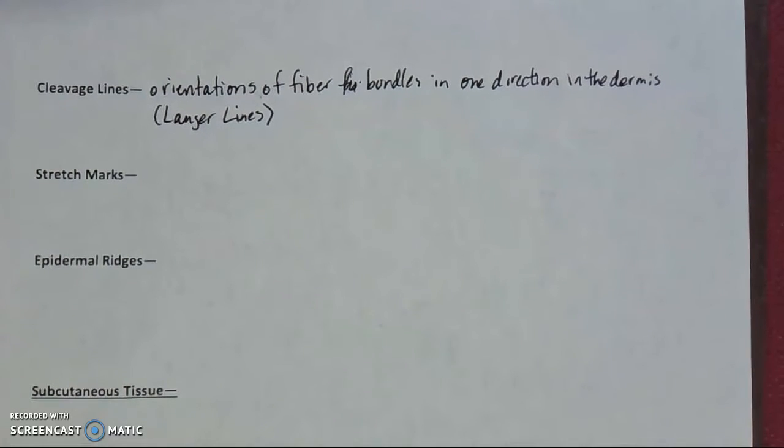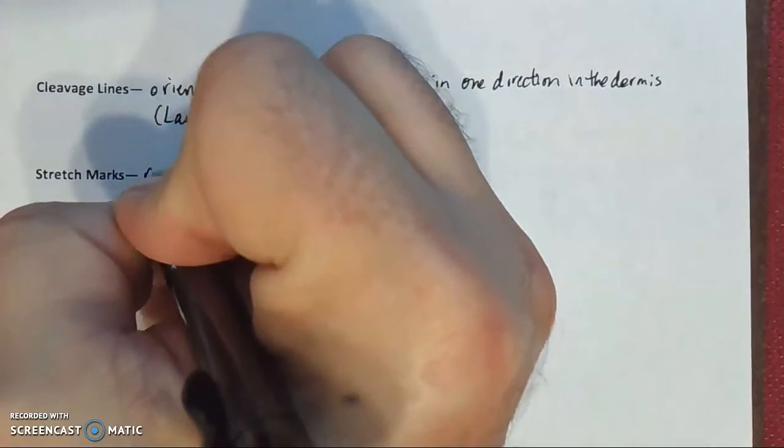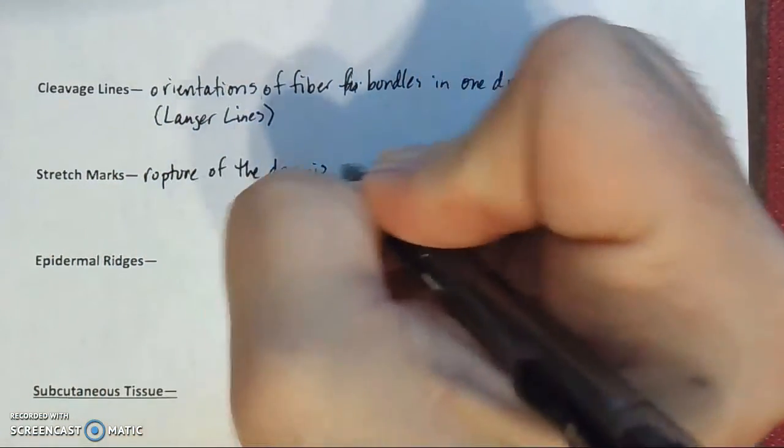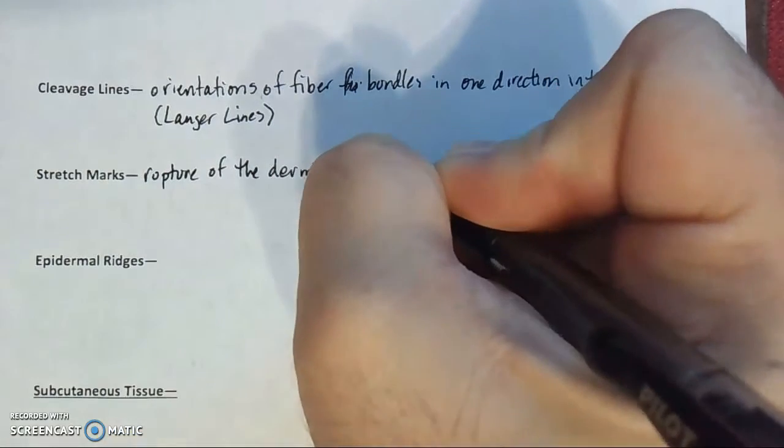The second thing are stretch marks. And stretch marks are something that can happen to either people who are overweight, but more likely they are for ladies who become pregnant. So this is a rupture of the dermis due to overstretching.